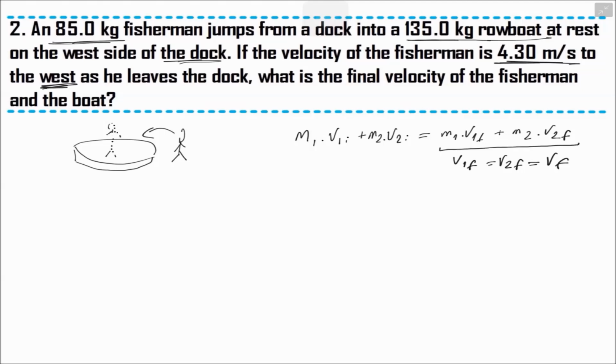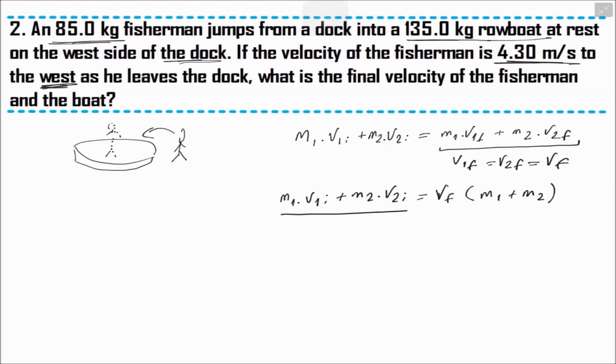So on this side of the equation, there will be a common factor. So m1 times v1 initial plus m2 times v2 initial will equal v final times parenthesis m1 plus m2. Due to this formula, we will do our calculation, and the question asks for the final velocity.